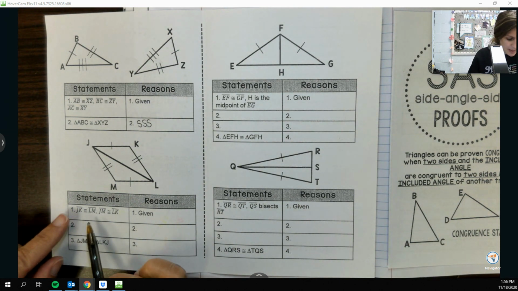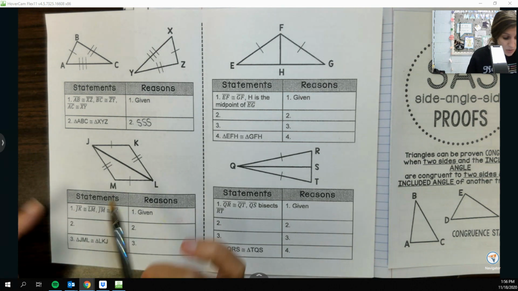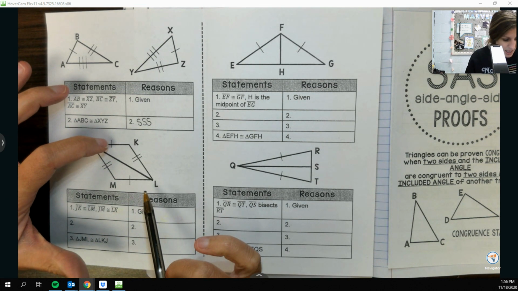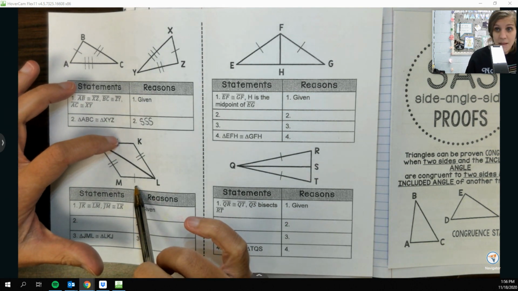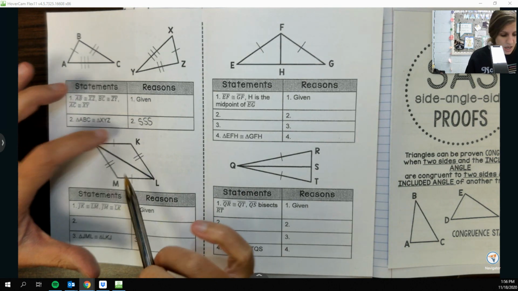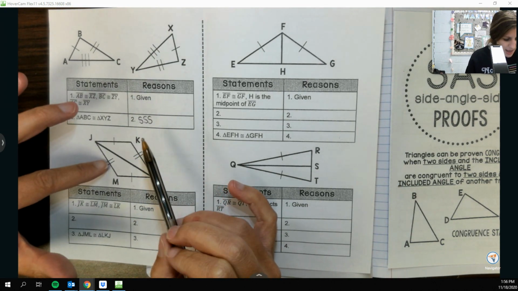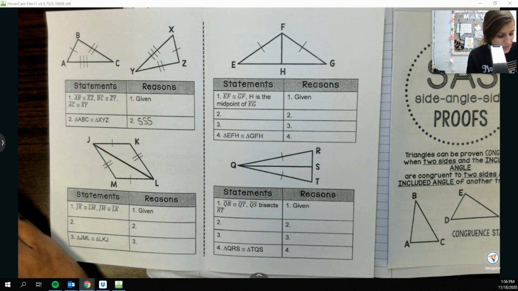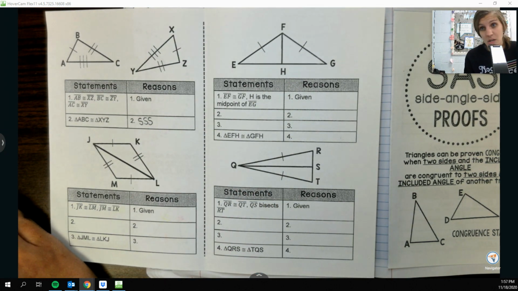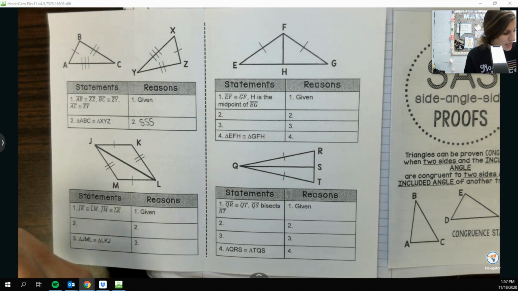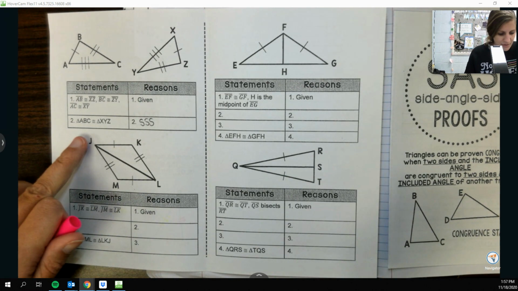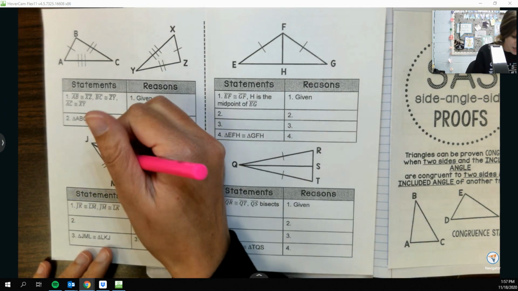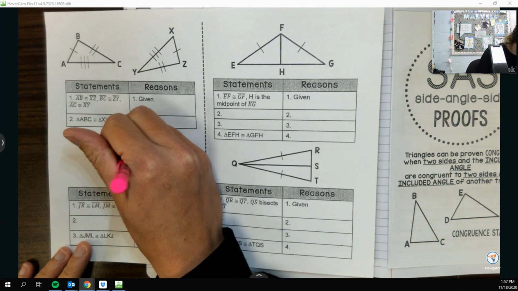But maybe you have something like this one here where it's only given to you that JK is congruent to LM, so our one tick marks, and then JM is congruent to LK, our two tick marks. And I need a third thing if I want to prove those things congruent. And so by looking at my picture, I have this shared side right here, which is the reflexive property.